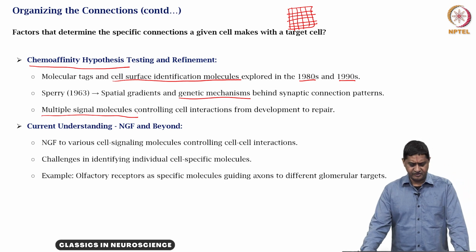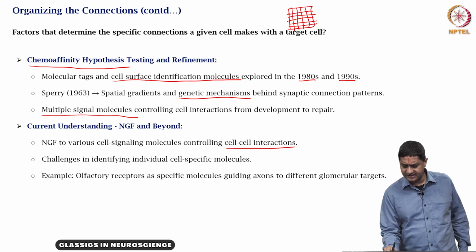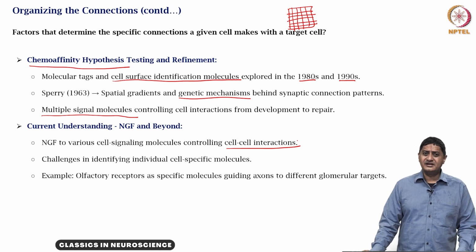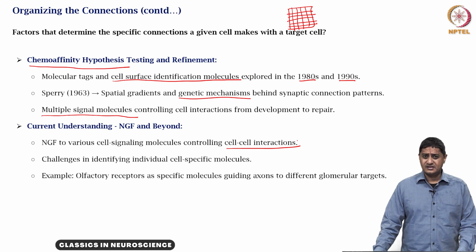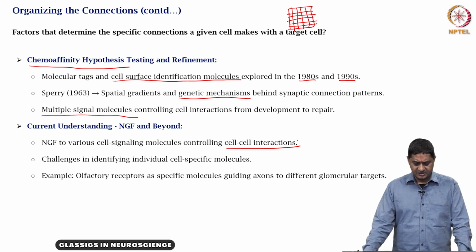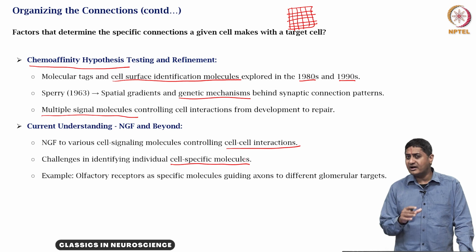So far, the interest in nerve growth factor expanded into identifying specific cell signaling molecules that controlled or somehow enabled cell-to-cell interactions. So far what has been identified are growth factors and those that identify a group of cells. But there has been considerable challenge in identifying cell-specific or individual cell level molecules.